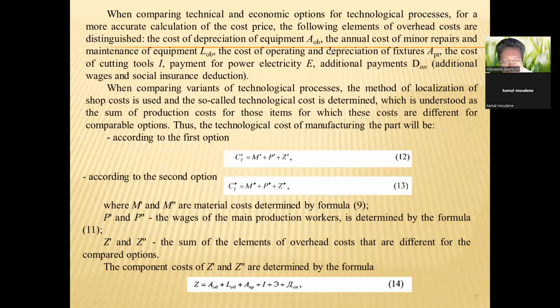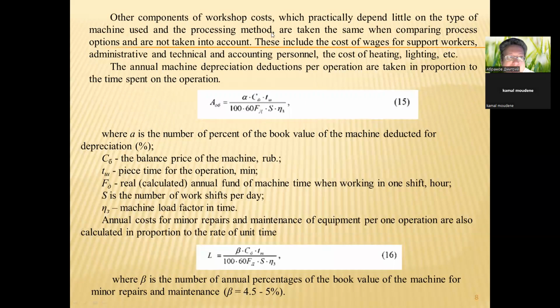In this Formula 14, other components of workshop costs, which practically depend little on the type of machine used or the processing method, are taken the same when comparing process options and are not taken into account.